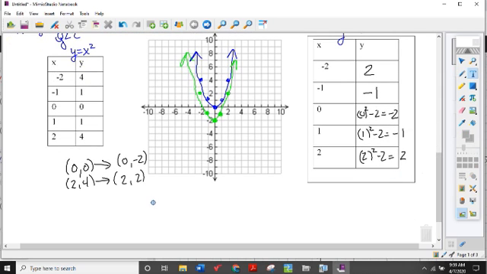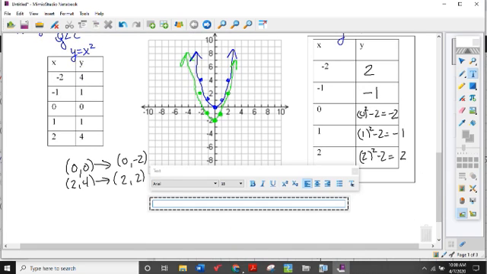Once we get out of this chapter and even next year, we won't need to use all the same terminology, but you need to get used to it. In your homework, it'll be a drop-down menu, but comparing the graphs, they both open up, and they have the same axis of symmetry, which is x equals 0.